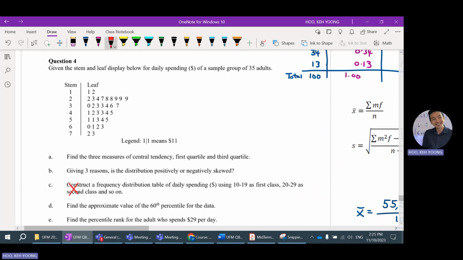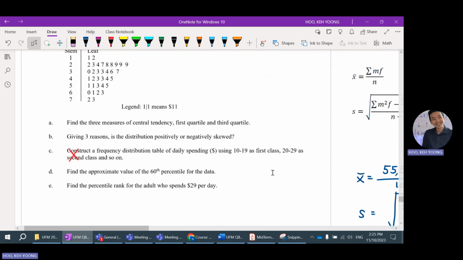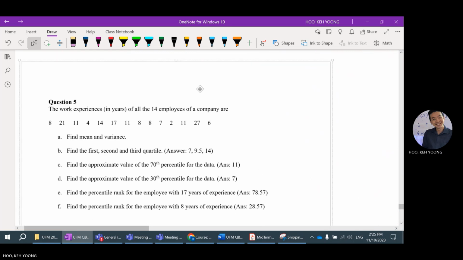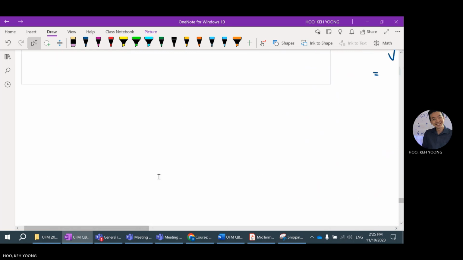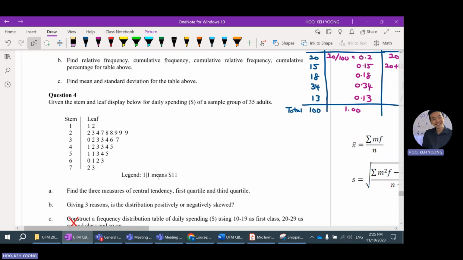To find the measures of central tendency, you have to understand this stem and leaf. You want to extract the raw data.